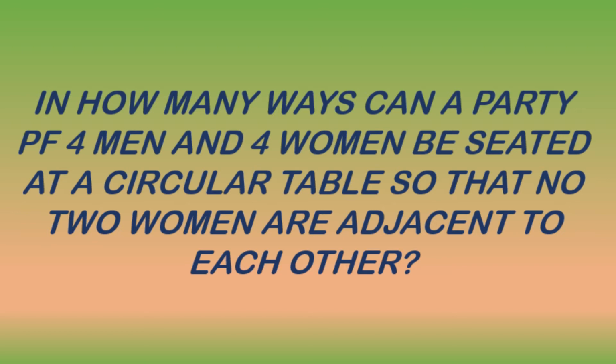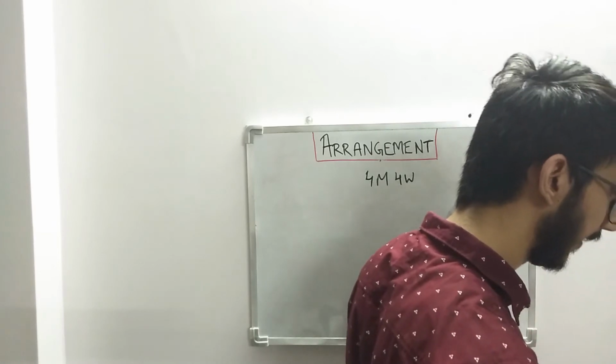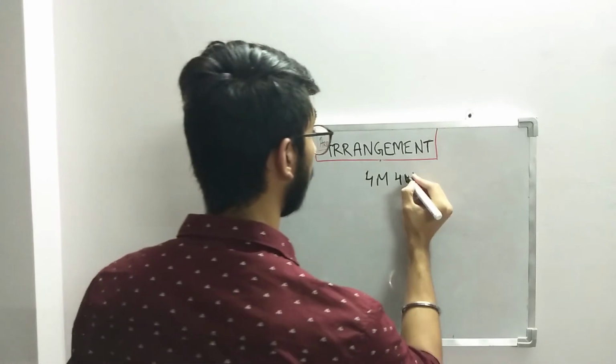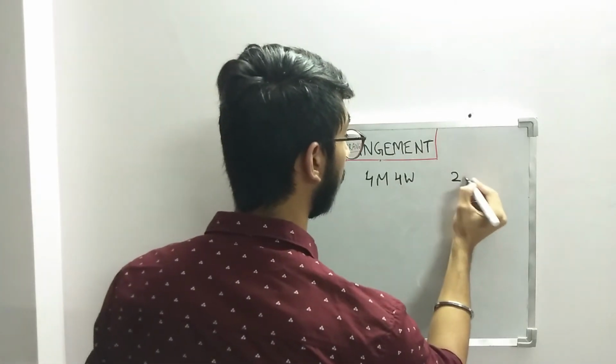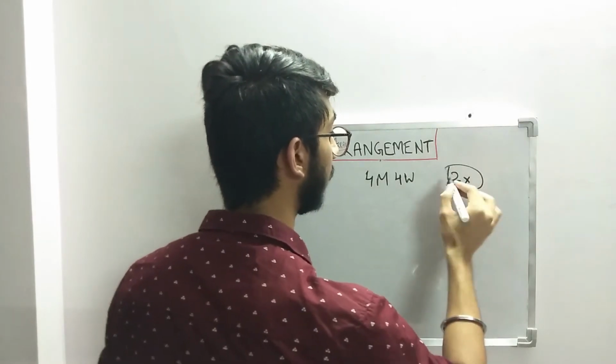In how many ways can a party of 4 men and 4 women be seated at a circular table so that no 2 women are adjacent to each other? Right? So now we have that no two women are adjacent to each other. This is my restriction.